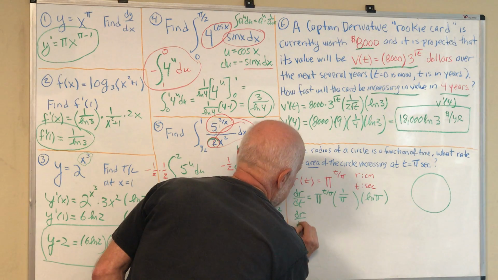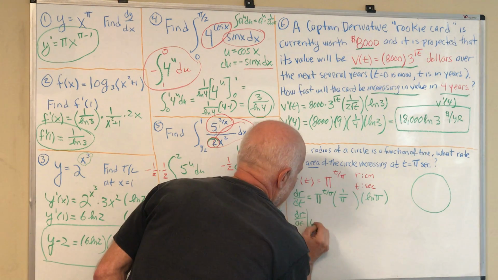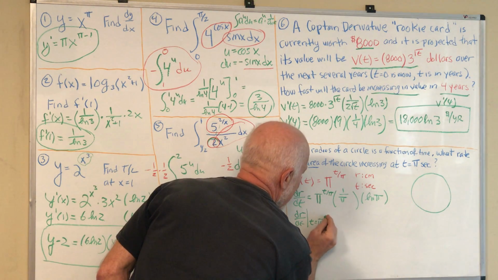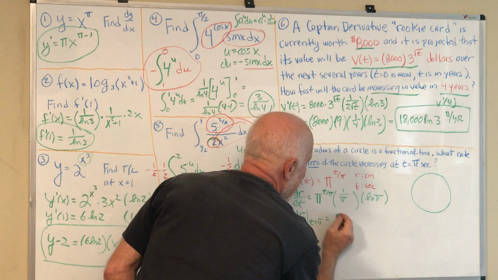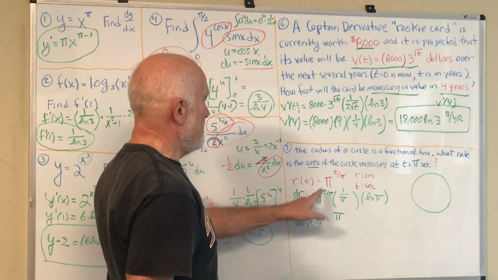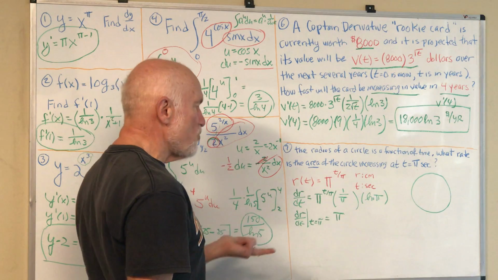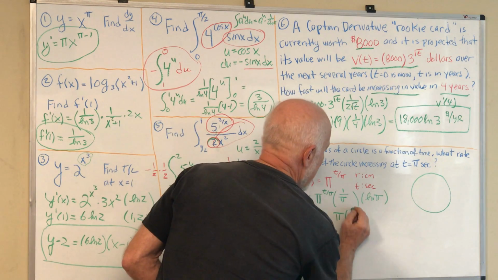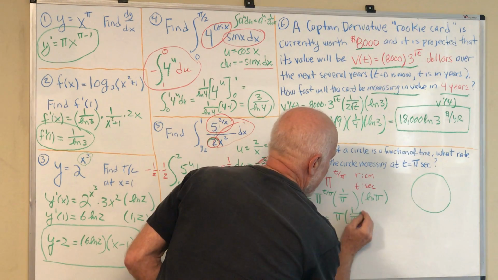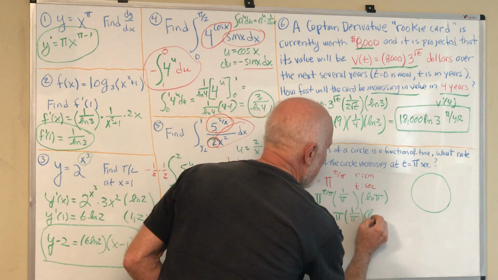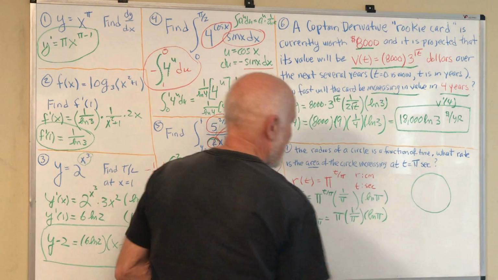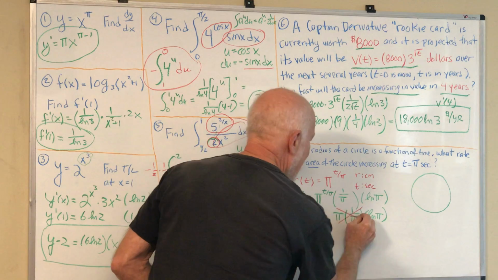So dr dt at t equals pi is going to be pi to the pi divided by pi, which is 1, times 1 over pi times the natural log of pi. And these just cancel out.